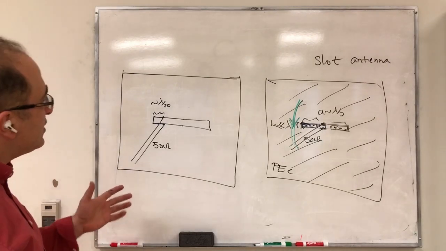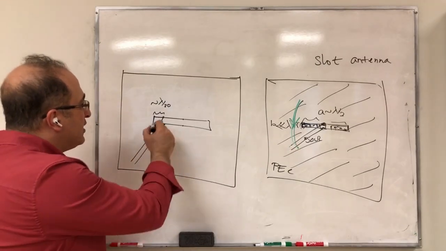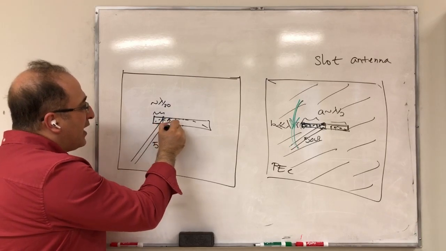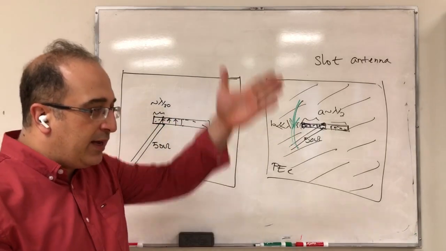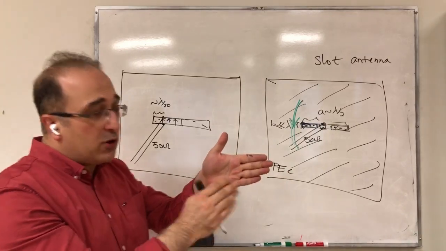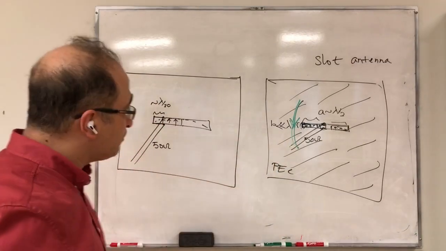The other thing with this type of antenna is that if you have some field distribution here, so let's say this is your field distribution, and this is just a metallic plane, and you have a slot in the metallic plane. Of course, it can radiate toward you, and it can also radiate backward.